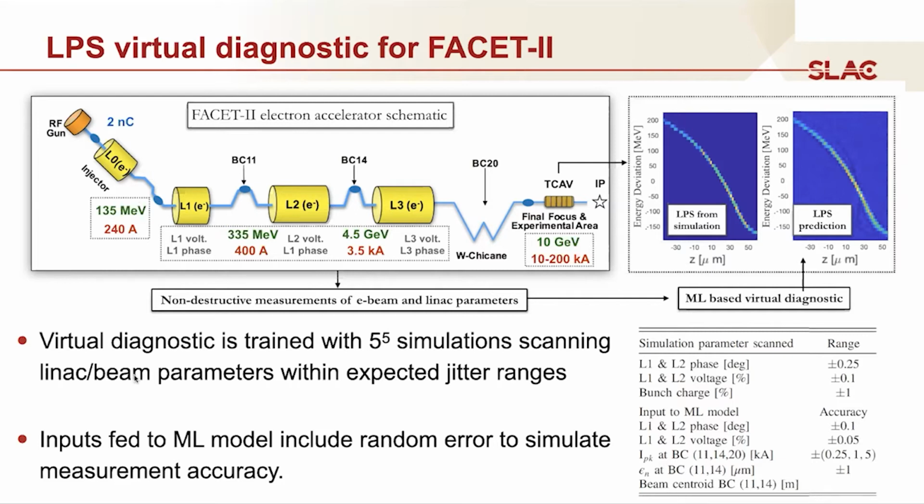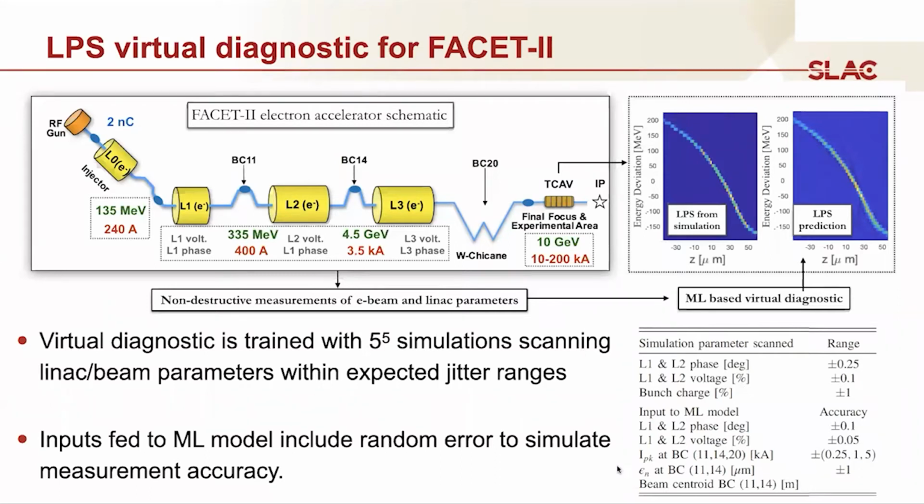And the inputs that we feed to the machine learning model are a few measurements that we know we can take non-destructively. So that's, again, the set points of the L1 and L2 phase, the L1 and L2 RF amplitudes, and the peak current at the exit of the now 3 bunch compressors, which we can measure non-destructively using these diffraction and edge radiation based detectors that I mentioned earlier.